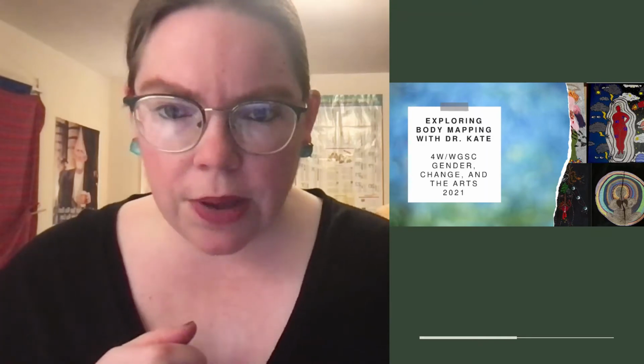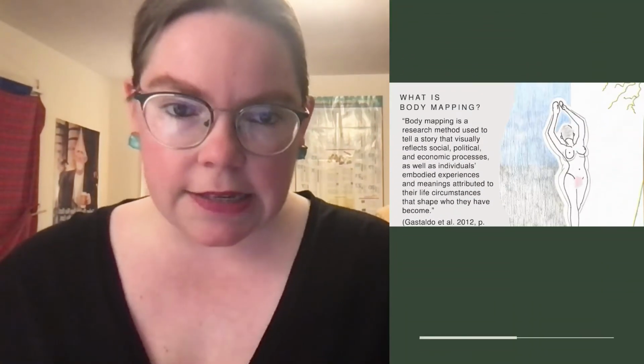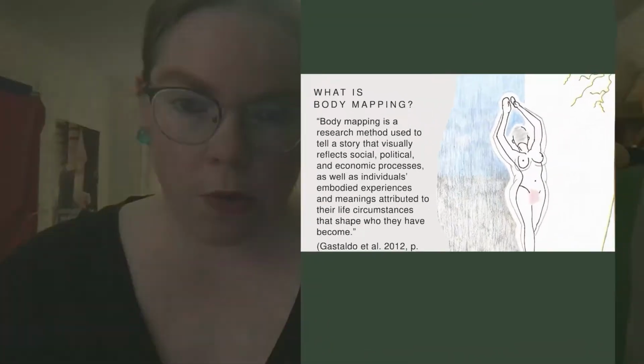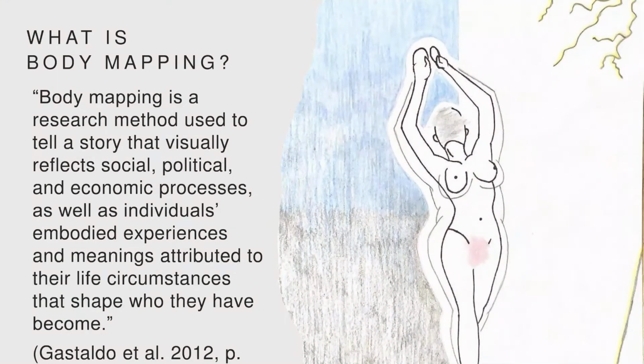So let's dive right into more of an exploration of what body mapping is. This is a definition that I think works really well. I really like it for its clarity and context. So what is body mapping?